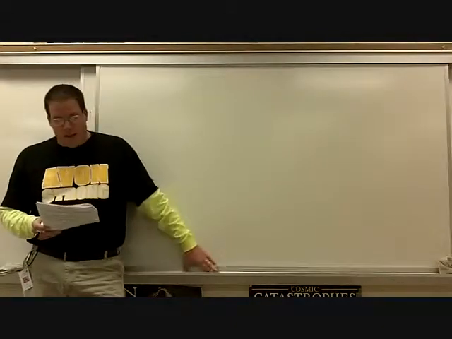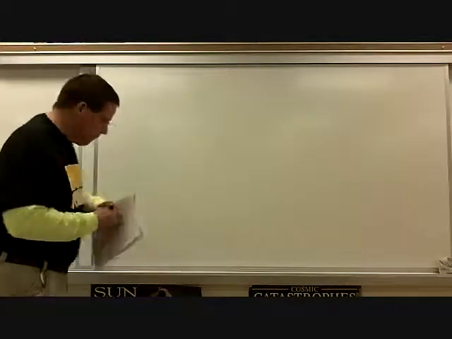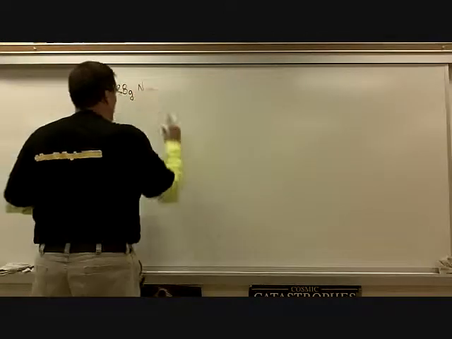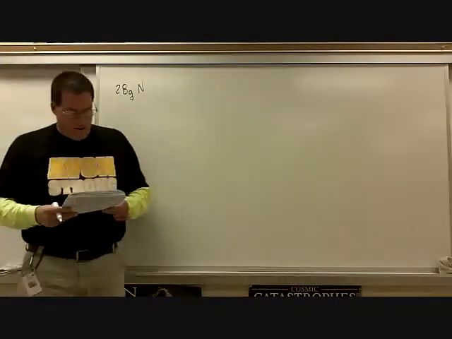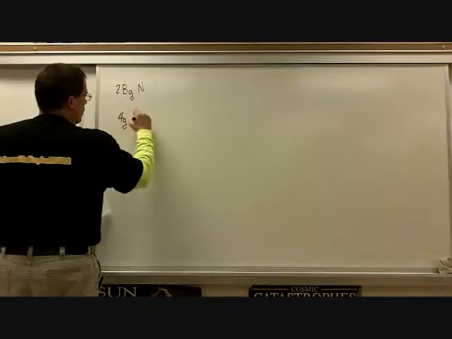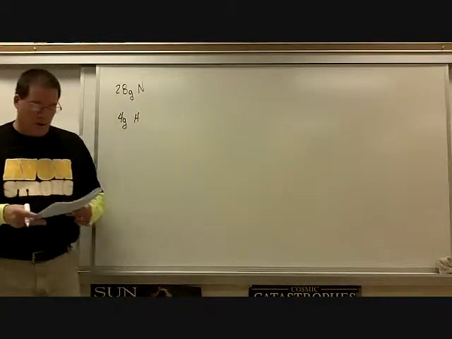In a 32-gram sample of hydrazine, there are 28 grams of nitrogen. Got it. And 4 grams of hydrogen. Does that equal 32 grams? It sure does. So we don't need to do anything to 32 grams, right?